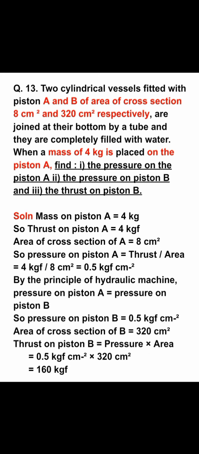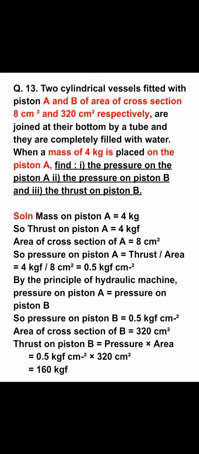Two cylindrical vessels fitted with pistons A and B of area of cross section 8 cm square and 320 cm square respectively. That means here the two pistons A and B have areas of cross section 8 cm square and 320 cm square respectively, are joined at their bottom by a tube, and they are completely filled with water.